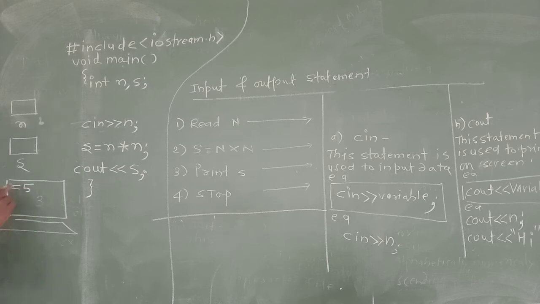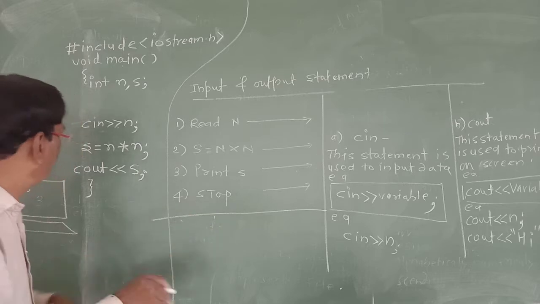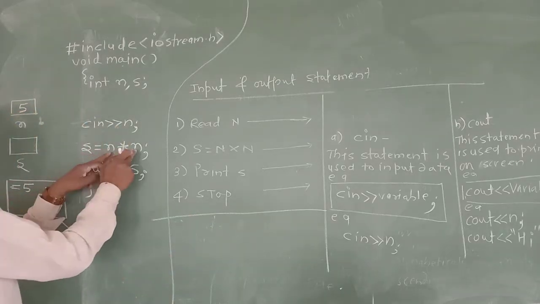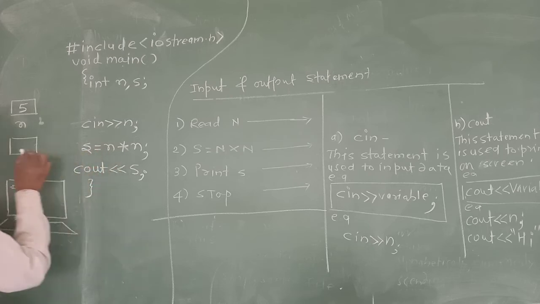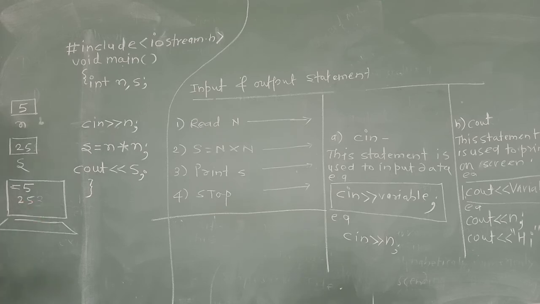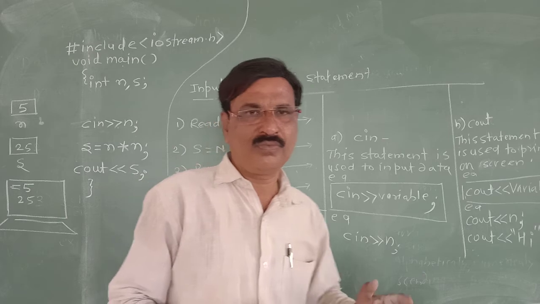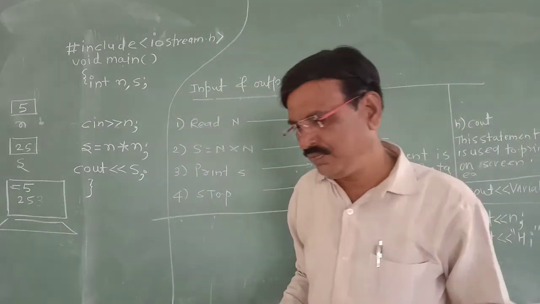So 5 from the console, the keyboard, to variable n; 5 will be stored here. So the computer will perform 5 into 5 and 25 will be stored here. And after that cout, yes, it will display 25. So this was the runtime image, as seen at runtime.